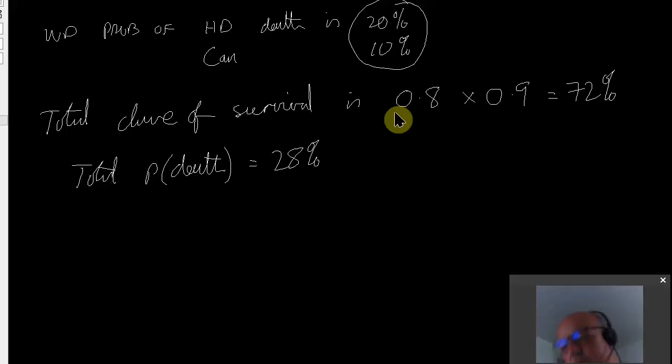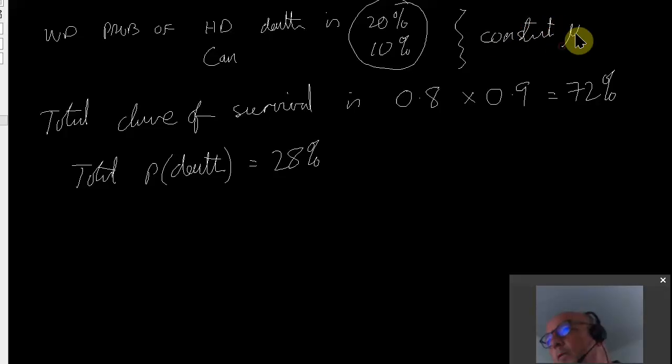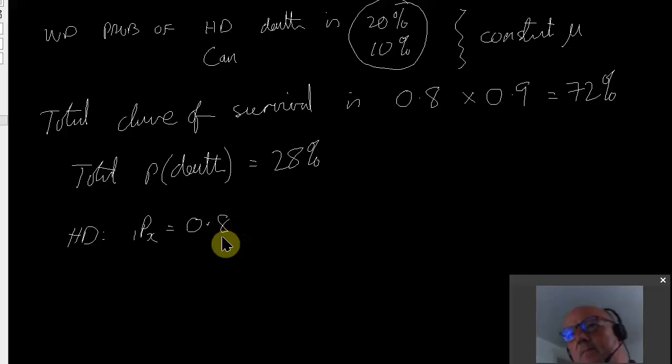So we assume that there is a constant force of mortality. For heart disease, we have the probability P, whatever age, Px1 is equal to 0.8, which is equal to e to the minus mu heart disease.